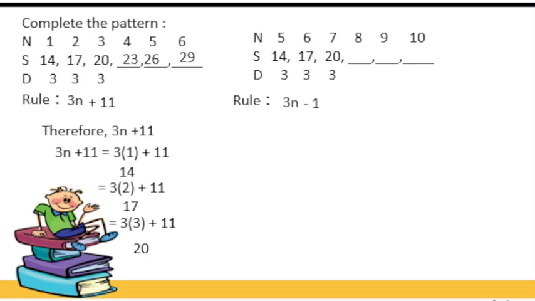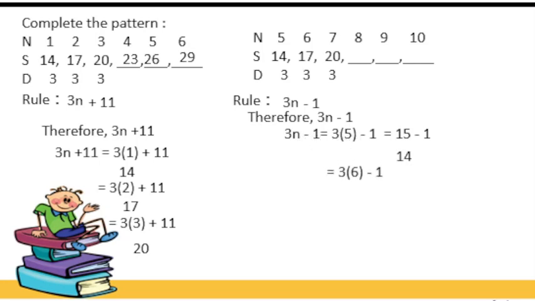That's why this is trial and error. You can solve it backwards. So therefore 3n minus 1 is the rule. You can check. 3 times 5 is 15 minus 1 is 14. And then 3 times 6 is 18 minus 1, that is 17.